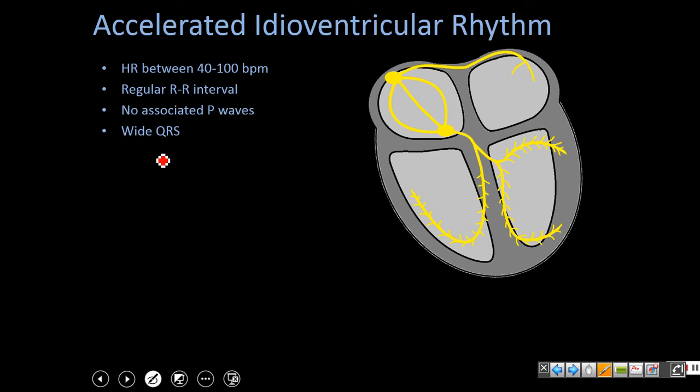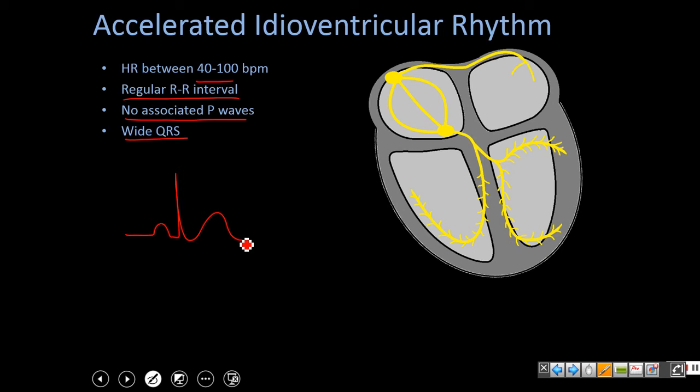Accelerated idioventricular rhythm is just faster. So it's 40 to 100 beats per minute. Just like IVR, R to R is expected to be regular, no associated P waves, and of course a wide QRS complex. And this is just faster, and you might see this interrupt normal sinus rhythm because it may actually outpace normal sinus rhythm.